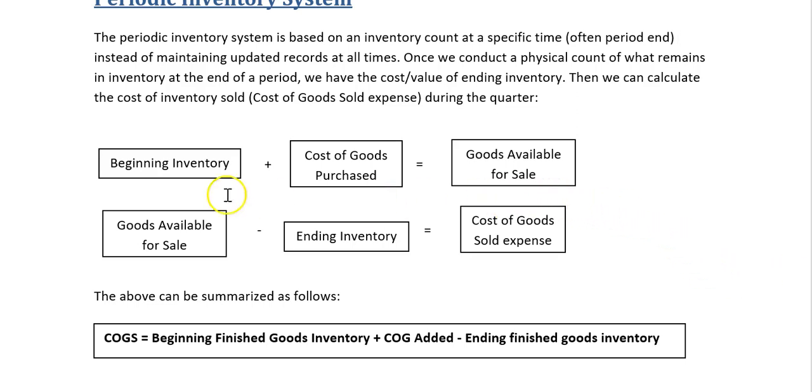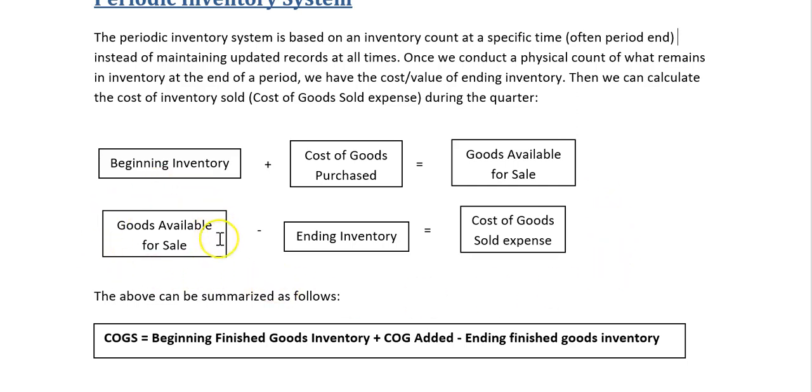So we're going to start up here. If we take what we had at the beginning of the period, the beginning inventory, and we add on the cost of the goods purchased, what we get is the total goods available for sale. There's the maximum we can possibly sell to our customers. In other words, we cannot sell what we don't have.